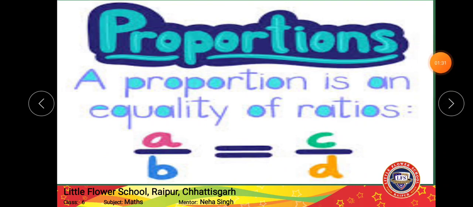And proportion is the equality of ratios, when we are equating two ratios. Now see, here A by B is a ratio, C by D is a ratio. We are equating both the ratios, so this is called proportion.